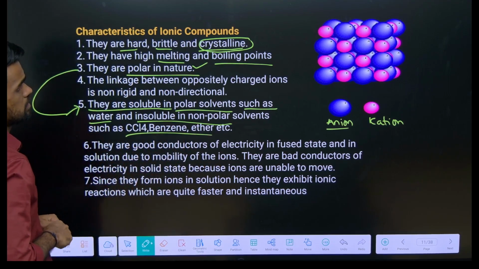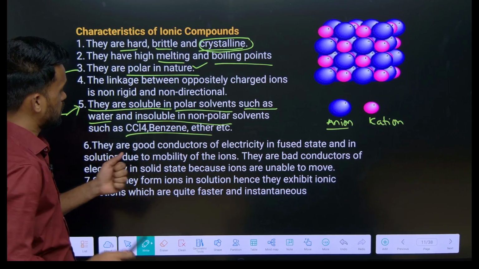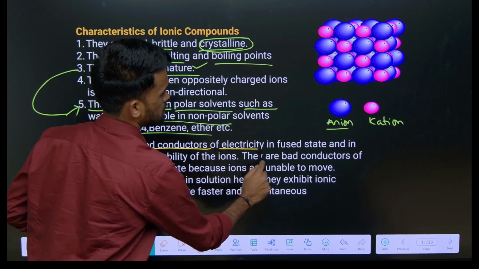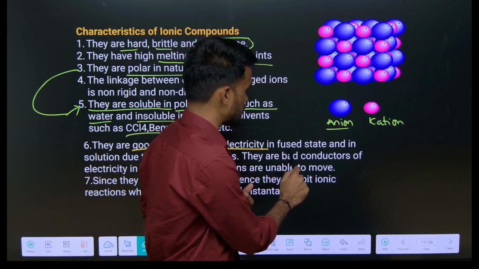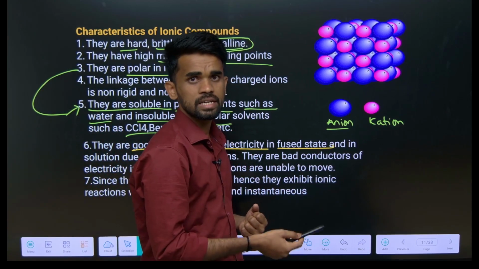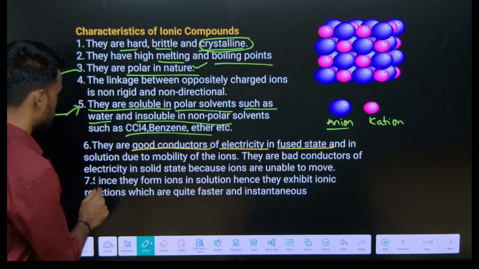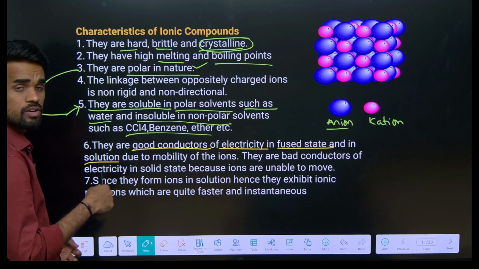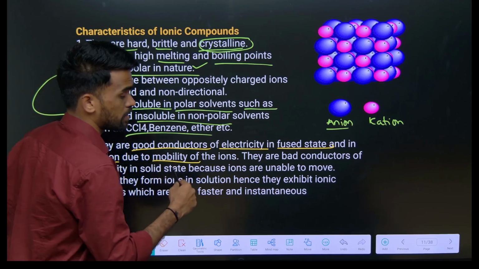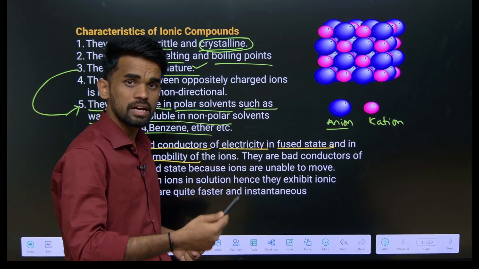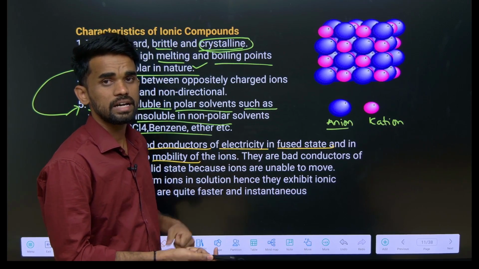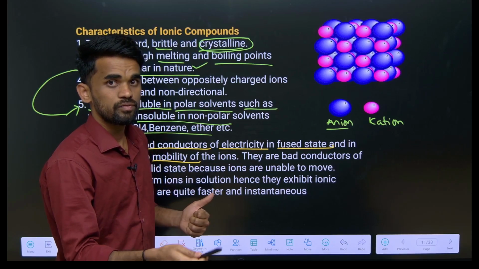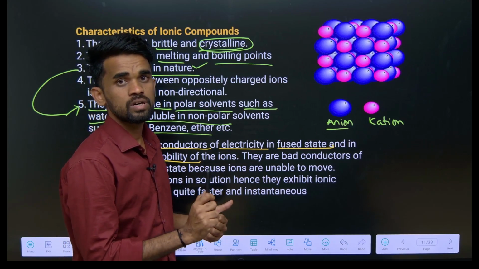Then next, these are good conductors of electricity in their fused or molten state, or in their aqueous form, which we can also consider as solution. Why is that? Because the mobility of ions is the reason for the conductivity in the fused state or in aqueous solution.